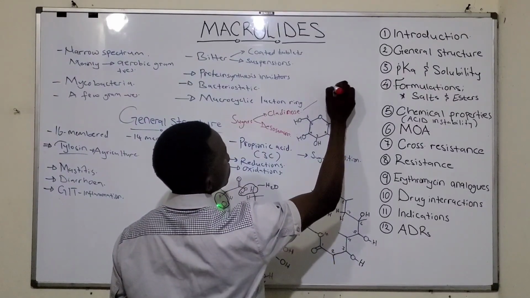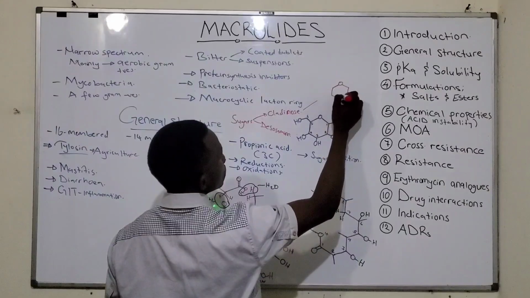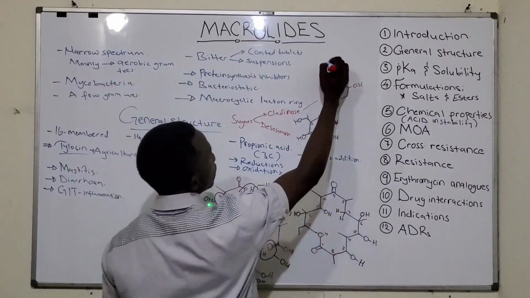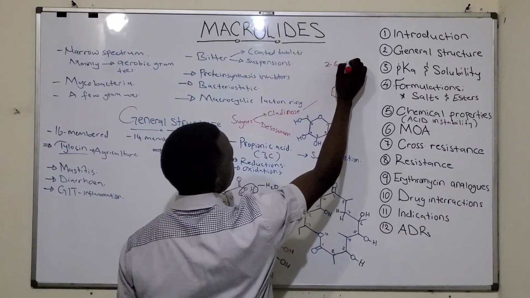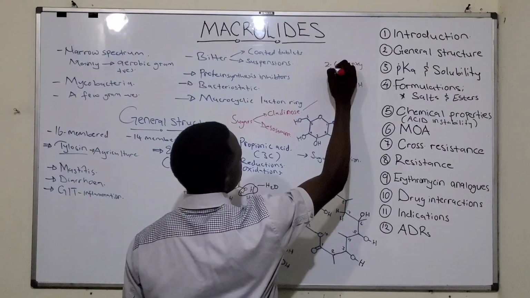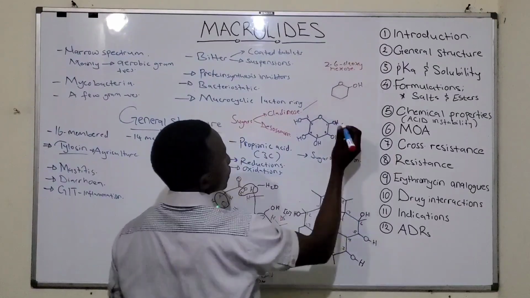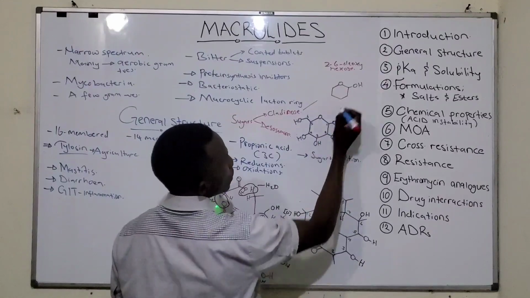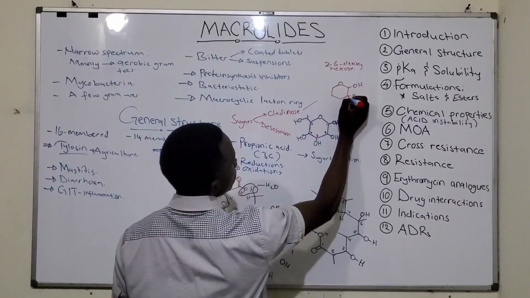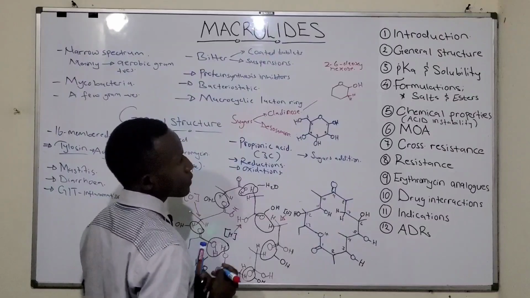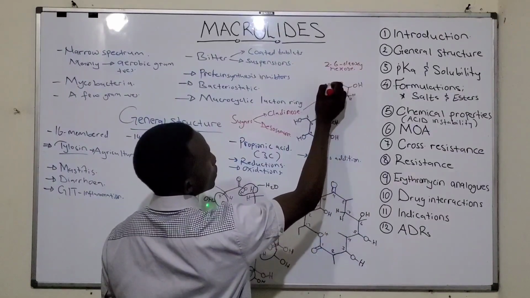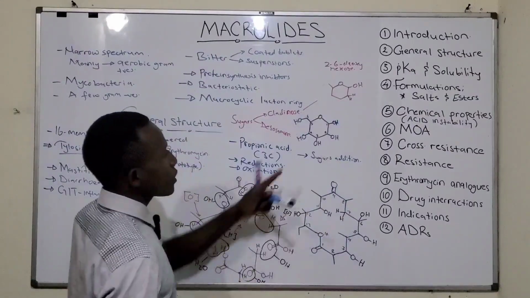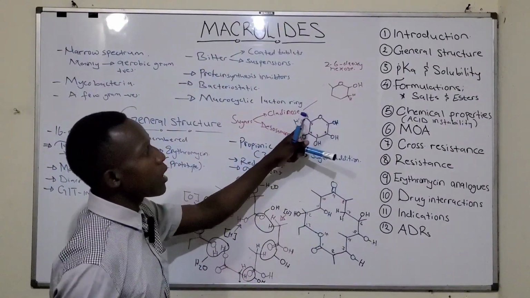It is a 2,6-deoxy hexose, meaning at position 2, the OH group was removed, so it's just hydrogen. There will be 2 hydrogen atoms. Also at position 6, there is no OH group, so we shall have only the methyl, the OH substituted with the hydrogen.